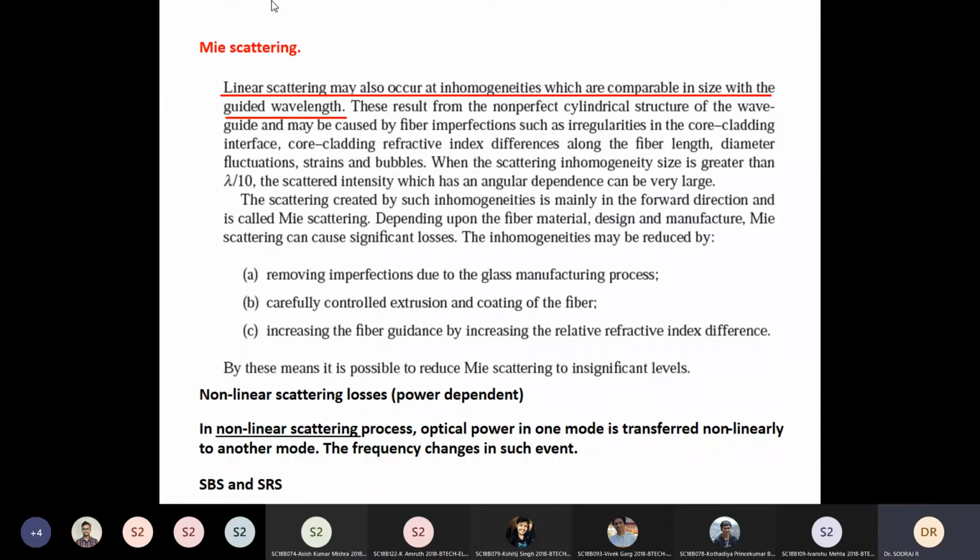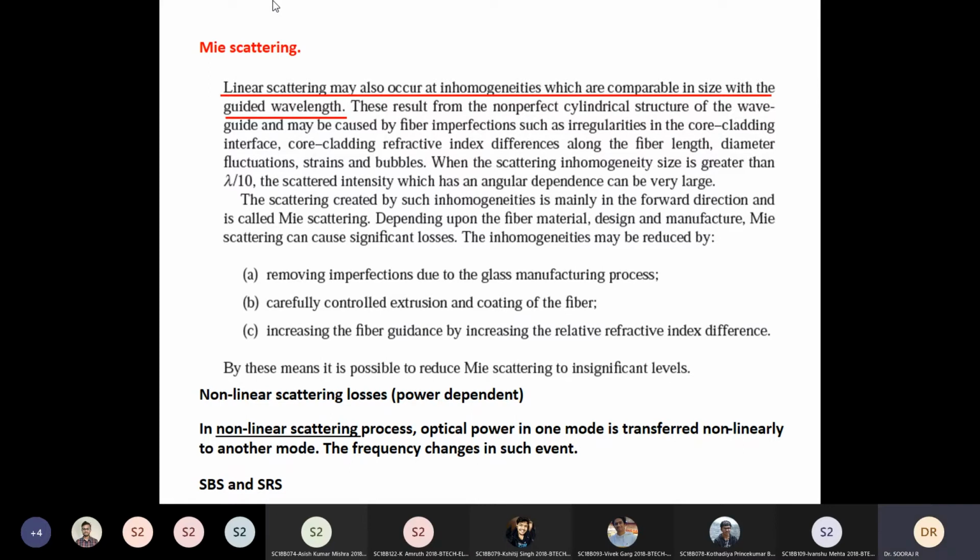In that case, the scattering is called Mie scattering. Please note that in the case of Rayleigh scattering and Mie scattering, the scattered photon preserves the wavelength. The frequency does not change, only the direction changes. So such scattering mechanisms are called linear scattering mechanisms.